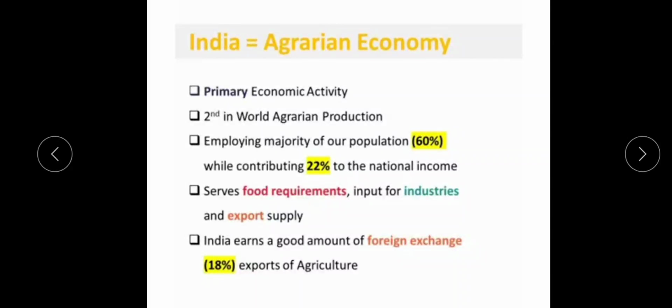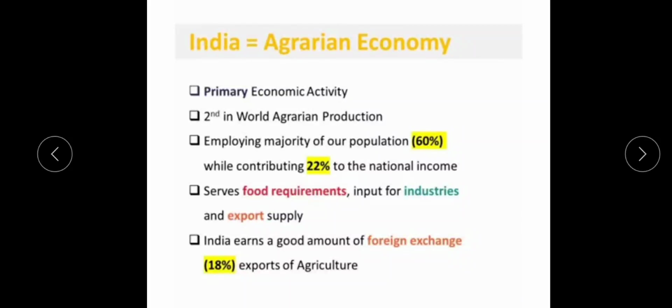Now you know, per hectare agricultural yield is less than the rest of the world. And for that also there are certain reasons.